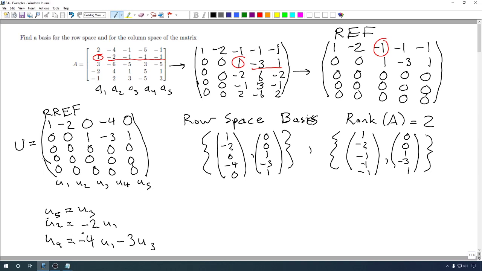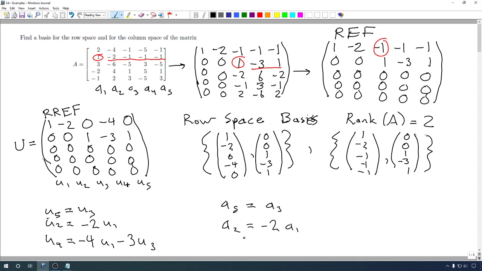It's in fact the same relationship that we had in the matrix U. We have that A2 is -2 times A1. In fact, A5 and A3 are exactly the same. We do have that A5 equals A3. They are the same column.